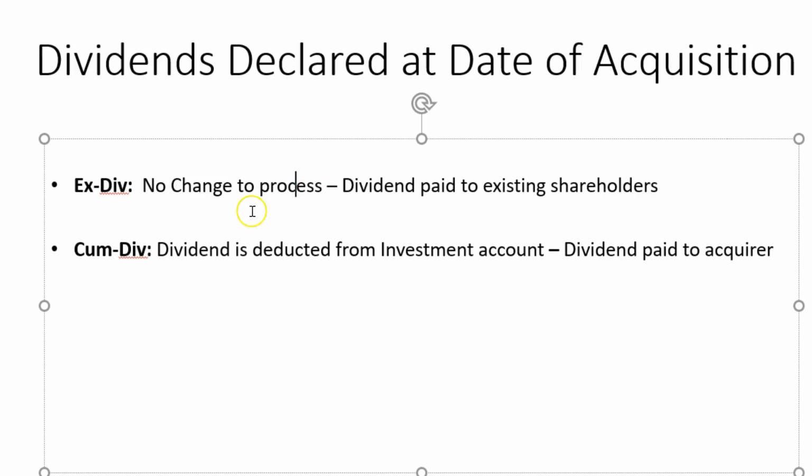However, if the shares are acquired cum-dividend, that means that the dividends will come to you, i.e. will be paid to the acquirer. As a result, that dividend will need to be deducted from the investment account.